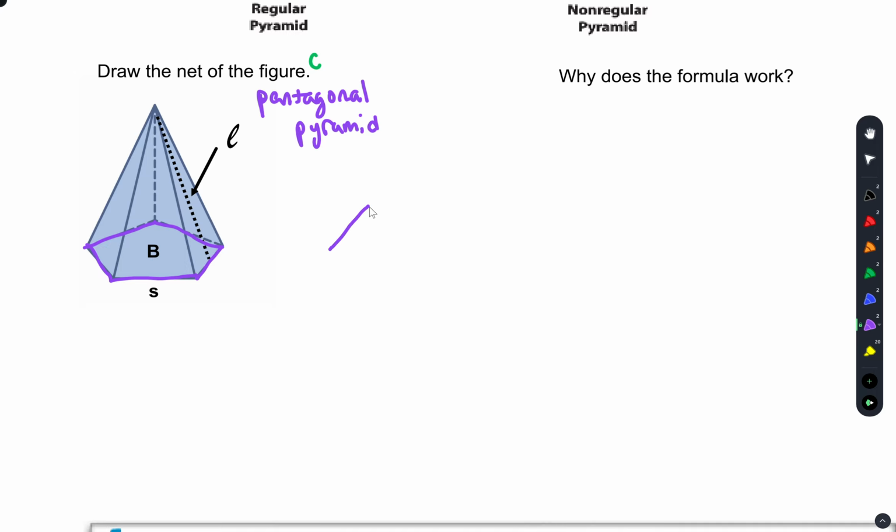I'm going to draw that pentagon out. And then I'm going to draw all of those lateral faces. For pyramids, our lateral faces should always be triangles. So I'm going to draw all those lateral faces here.